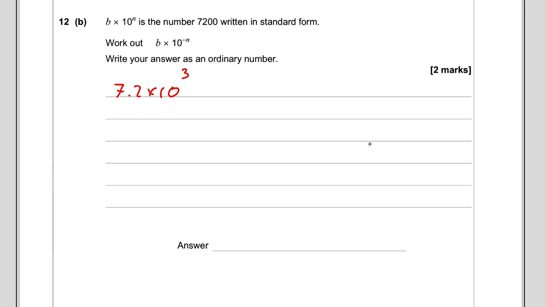So if I want to write the number 7.2 times 10 to the minus 3, that's going to become 0.00, so 3 zeros in front of the number 72, so 0.0072.